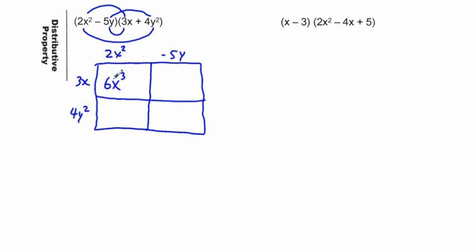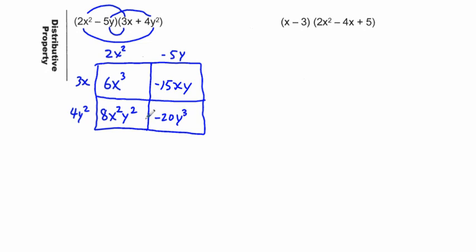And then we have 3x times negative 5y is going to be negative 15xy. Then we have 4y squared times 2x squared. So 4 times 2 is 8. So we have 8x squared y squared. And then we have finally 4y squared times negative 5y. So that's going to be negative 20y cubed.